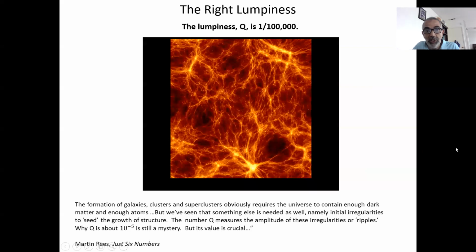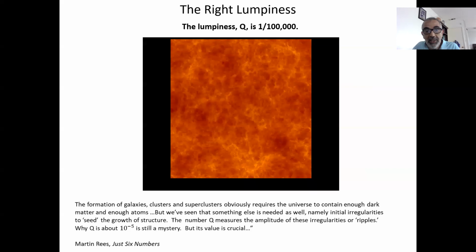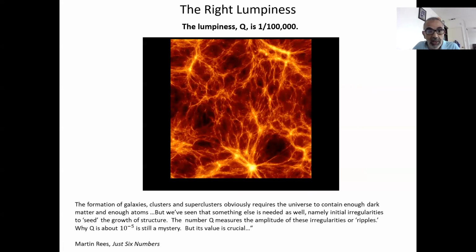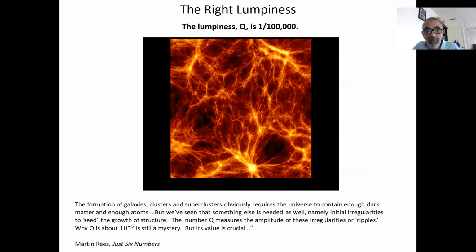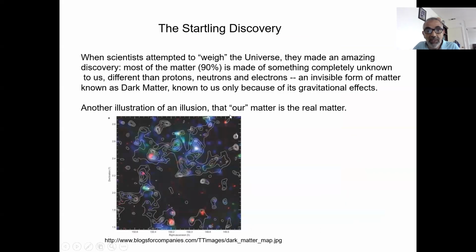And here's a simulation that I pulled off the web about how the universe evolves and the lumpy portions, which are the dark clusters, get bigger and bigger, and they become the seeds for stars and galaxies. And so that lumpiness had to be precisely fine-tuned.